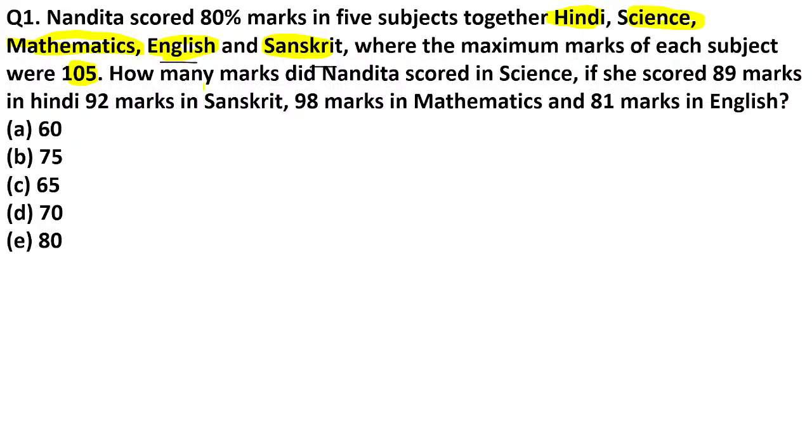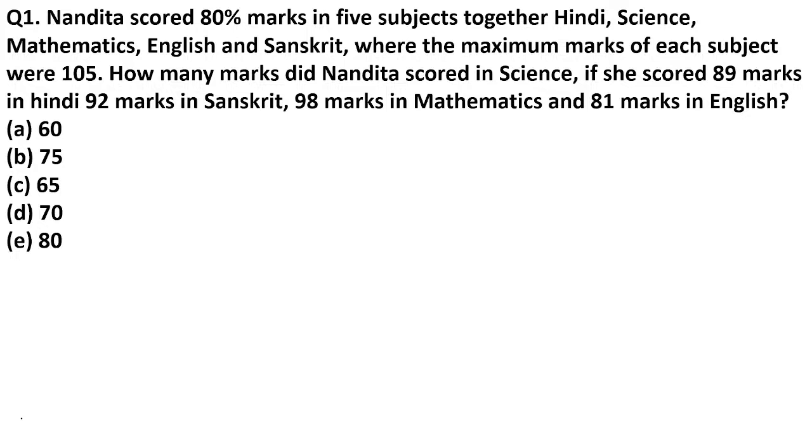Okay. Now what is given here? How many marks did Nandita score in Science if she scores 89 marks in Hindi, 92 in Sanskrit, 89 in Mathematics and 81 in English? Please try to understand the question and create an approach. Okay, and then solve the question. Everyone should try this question. I'll give you some time. Okay, take time and solve and tell me the answer in the comment section fast.